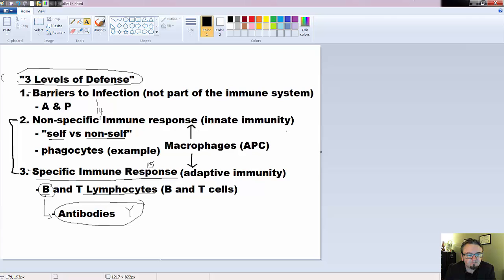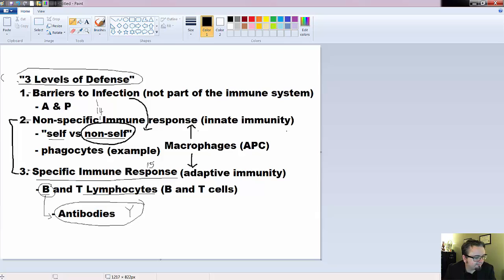So what's going to happen is ultimately you're going to have some kind of microbe pass the barrier to infection. It's not going to be stopped here in the first layer. It's ultimately going to get into the second layer here, and that's going to trigger a response to a non-self entity. So the body is going to recognize there's a non-self entity there, and it's going to attack it.